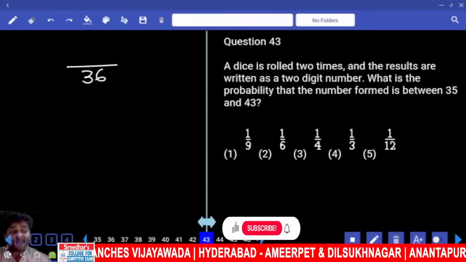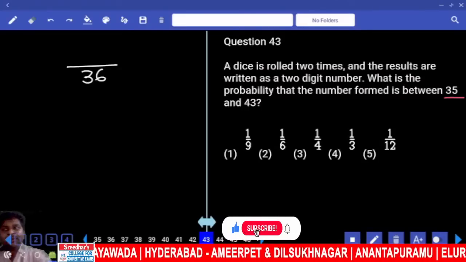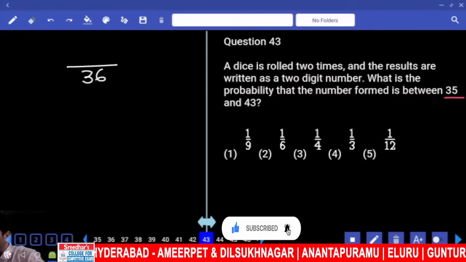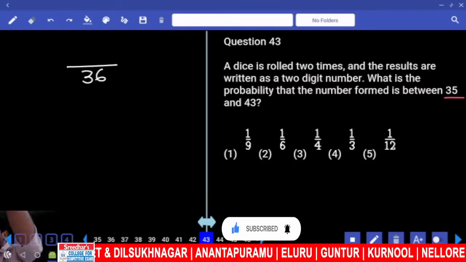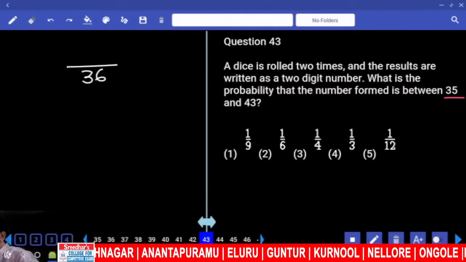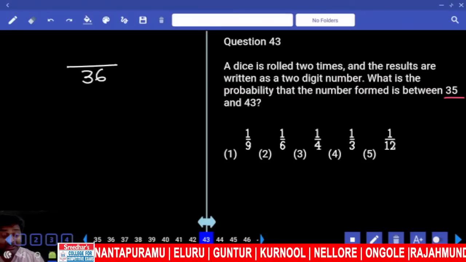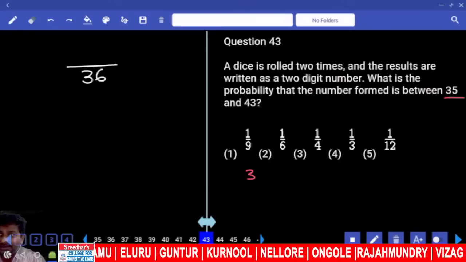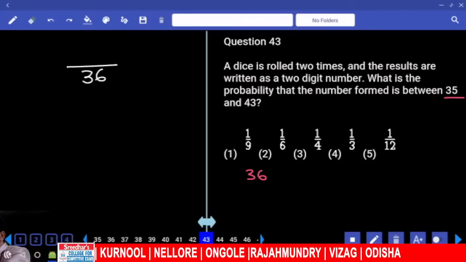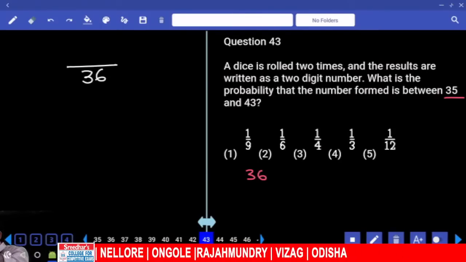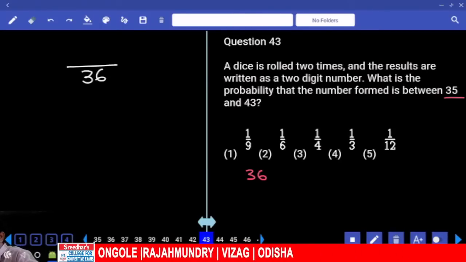Between 35 and 43, can you consider 35? If it is between 35 and 43, it has to be more than 35 and less than 43. Agreed or not? More than 35. Tell me numbers. 36. Next. Is it possible to get 37 on a face of the dice? What numbers will be there on a dice? 1 to 6.